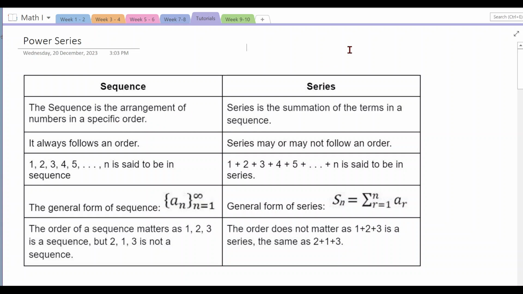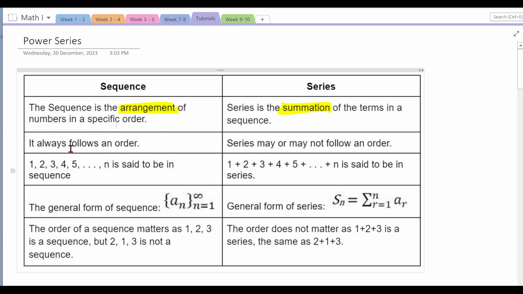I just highlighted the word summation, and this was arrangement. Summation of what? Summation of terms in the sequence. So we call them terms in the summation, rather than numbers.